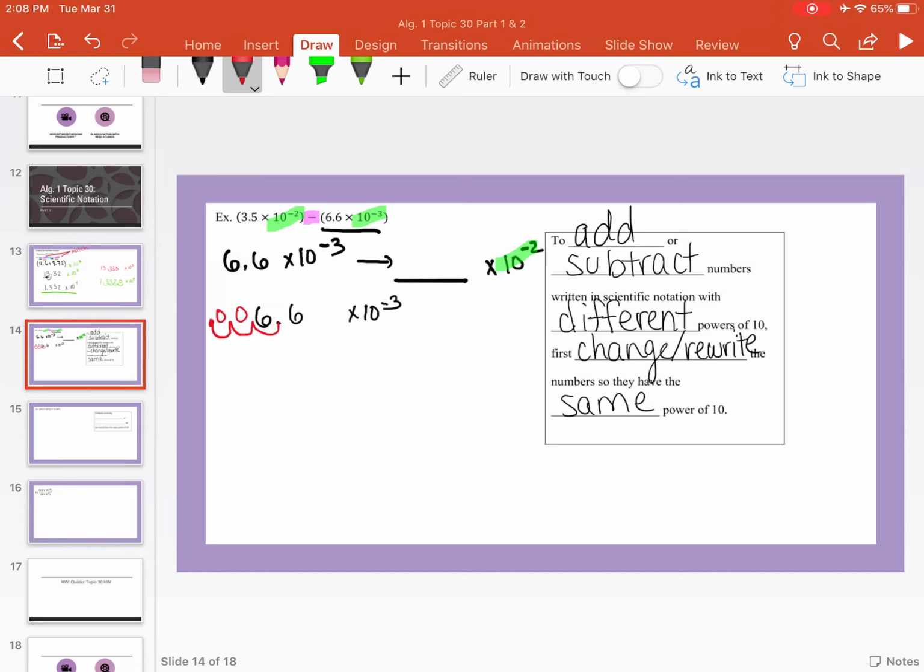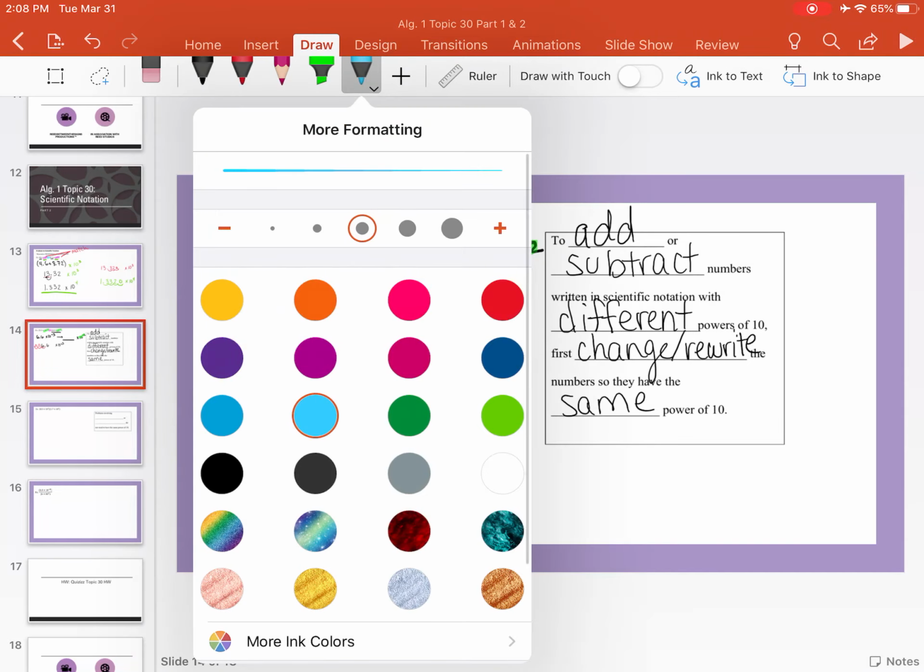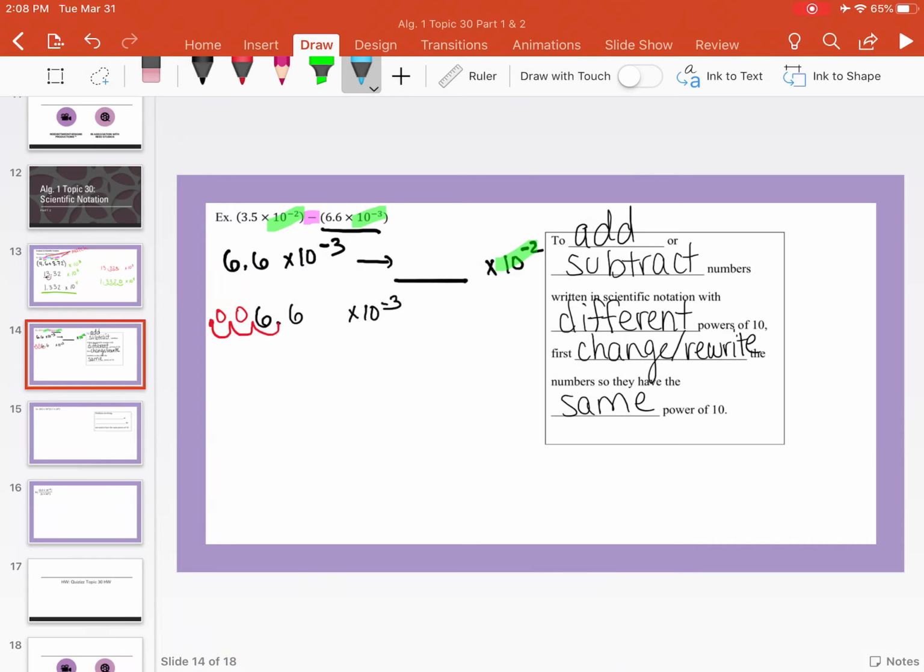Now my new number deals with times 10 to the negative 2. So if I take my number and move the decimal place 2 spots back, that will refer to my new number with my times 10 to the negative second power. So the new number that I'm dealing with is 0.66.